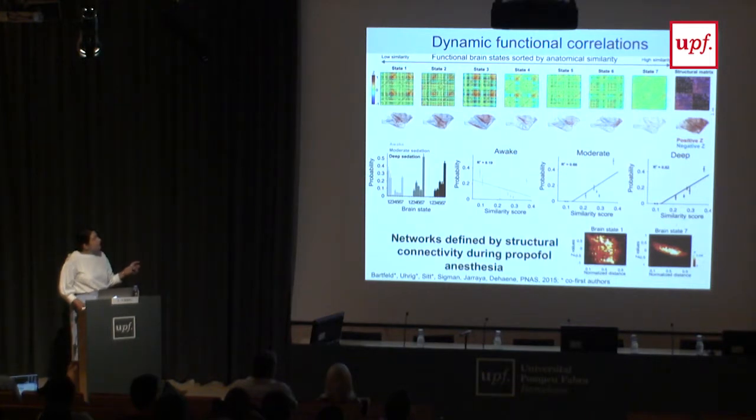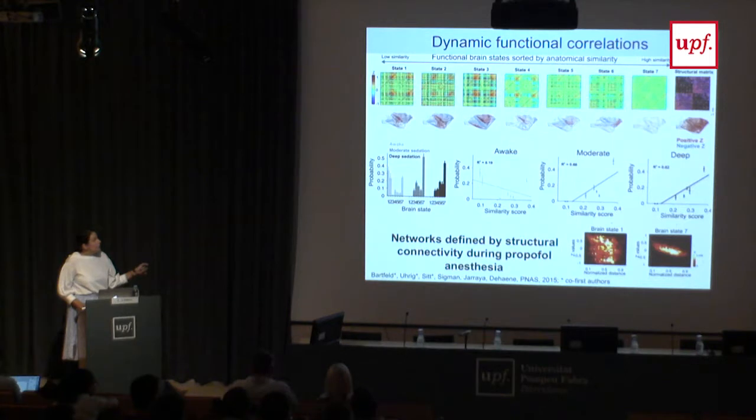With some states, like state 1, you have a lot of positive correlations in the brain, but also a lot of negative correlations. State 7 is not highly connected in the brain, but it's the state closest to the underlying anatomical connectivity.